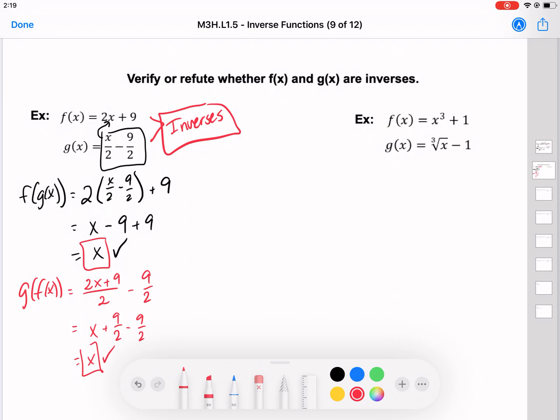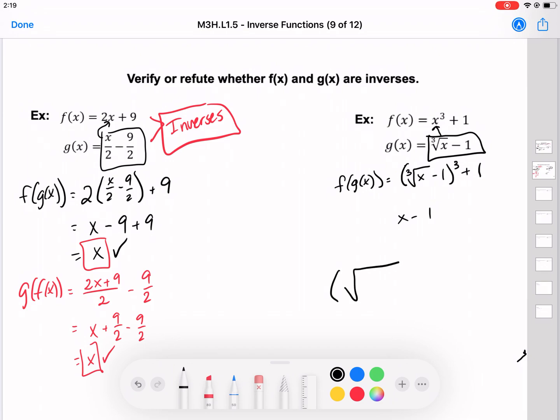So let's go ahead and do our second example. Same thing, if I go ahead and do f of g of x, do I actually get x? So I'm putting g of x in for x. So I have the cube root of x minus 1, cubed, plus 1. Now, a common mistake right here is to just say, oh, well, this is just x minus 1.